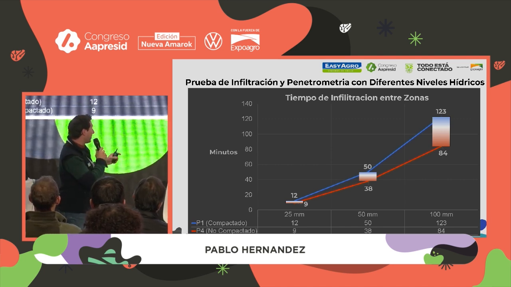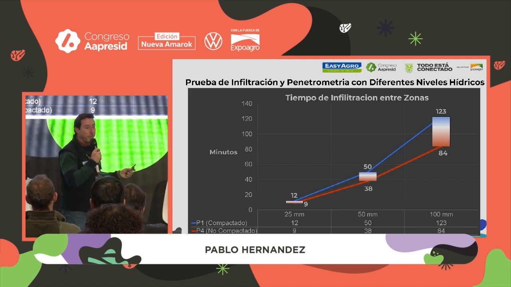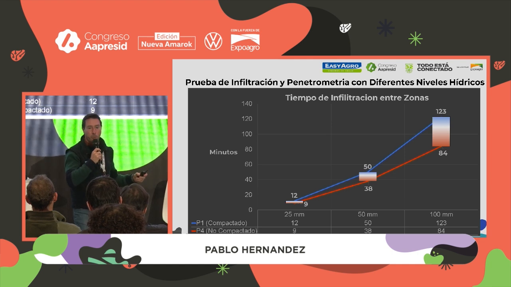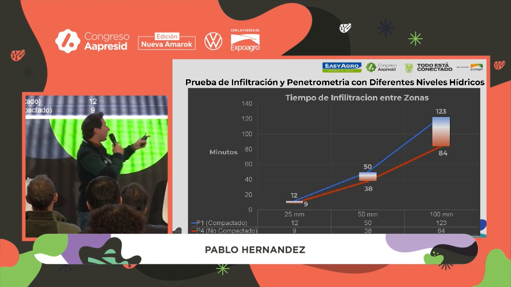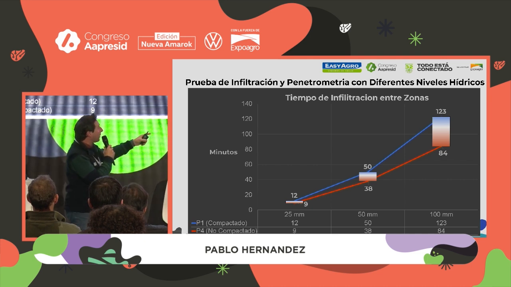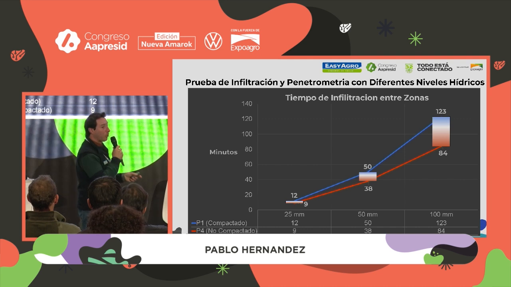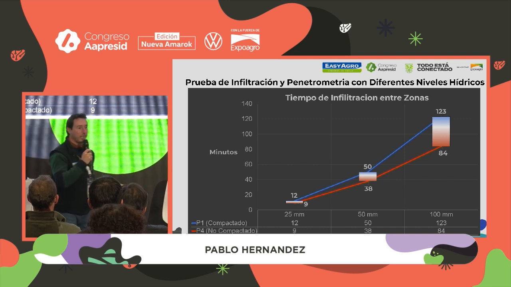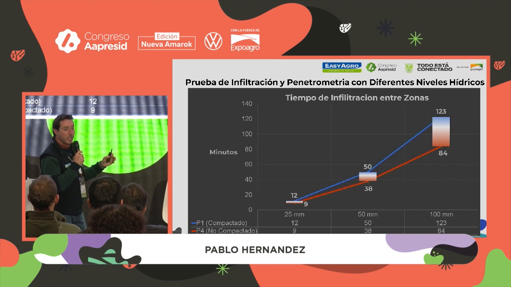required. So we are simulating rainfall. If we have 50 millimeters of rainfall, in 50 minutes, there will be infiltration in compacted soil. And how about 100 millimeters? We need 123 minutes in compacted soil and only 84 minutes in non-compacted soil.